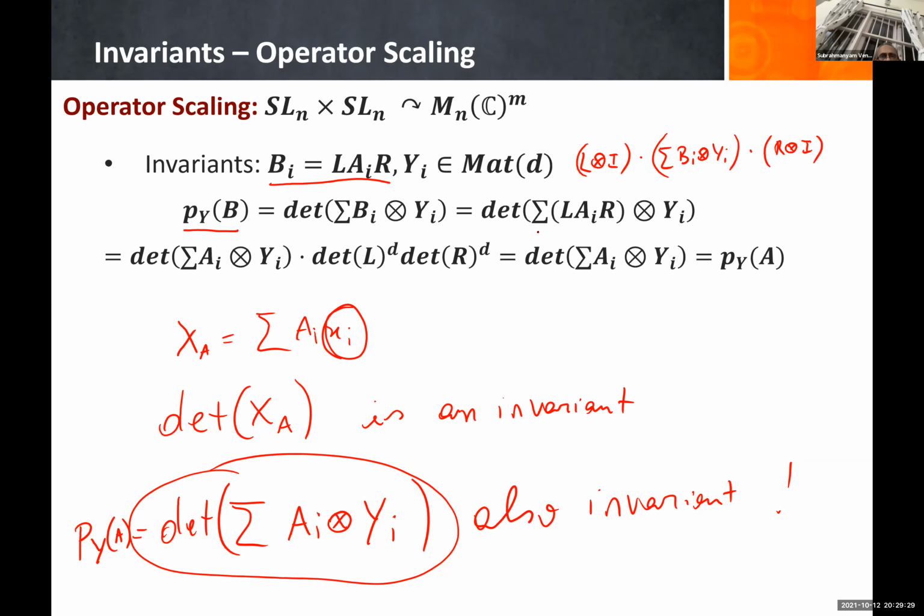So this expression here is exactly the same as this one. Because I can just pull out the left and the right multiplications. And now I have true matrix multiplications. But what is special about these two matrix multiplications? Well, the determinant, when you multiply, is multiplicative. So then I have the determinant of L tensor the identity, the determinant of the sum of Ai tensor Yi, and the determinant of R tensor the identity. Oh, sorry, this should be Ai here.